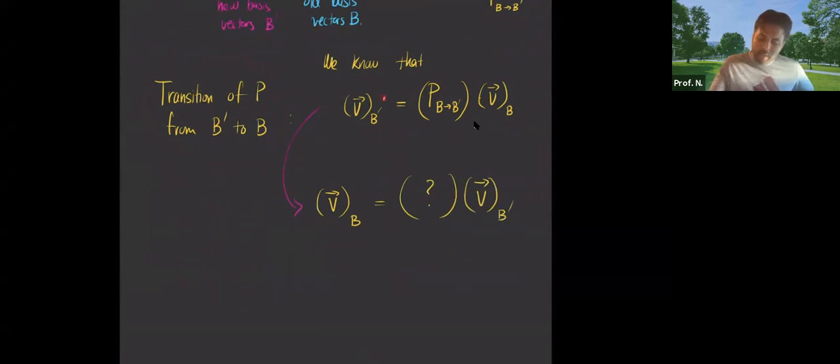Do you see here? This here goes here. This here goes here. I want to know, what is this going to be? How is the transition matrix from the new to the old related to the transition matrix from the old to the new? What is the relationship between these two? What does it have to be?